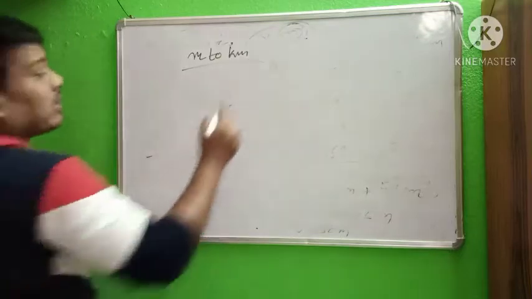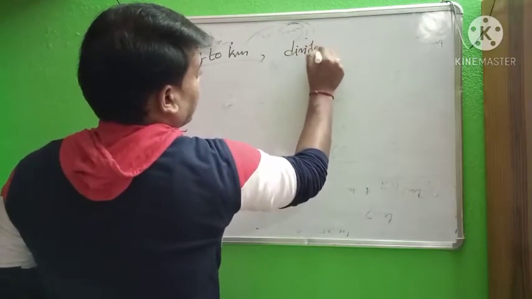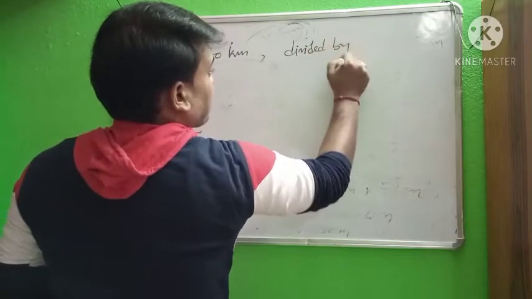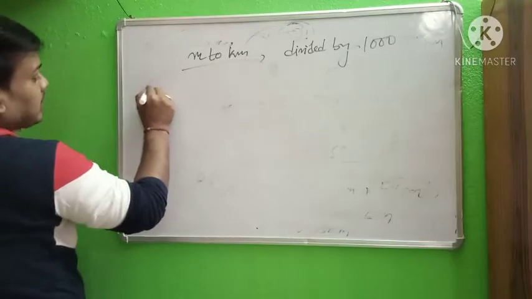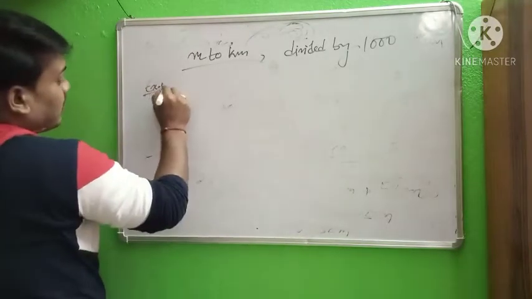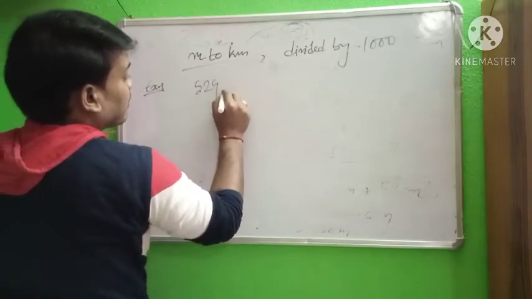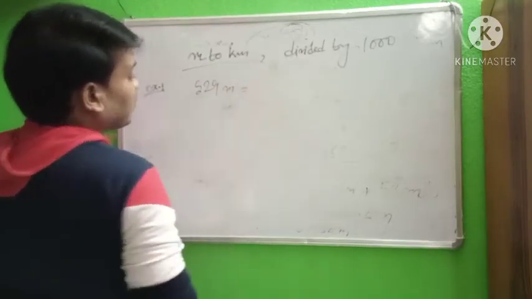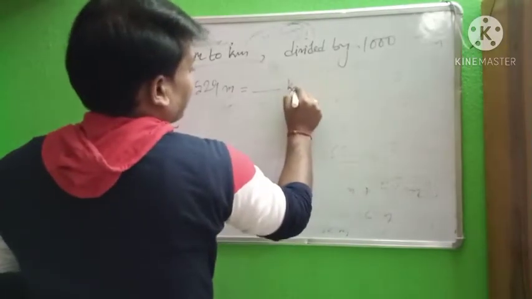So meter to kilometer, divide by 1000. Example 5, 9 meter equal to how many kilometer?